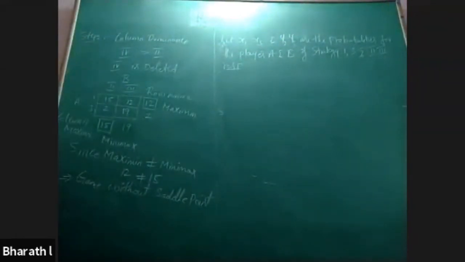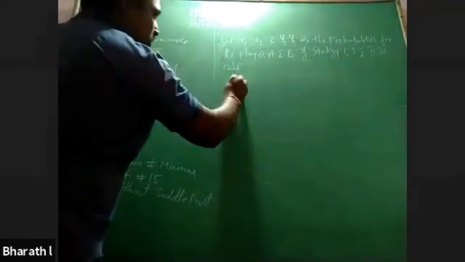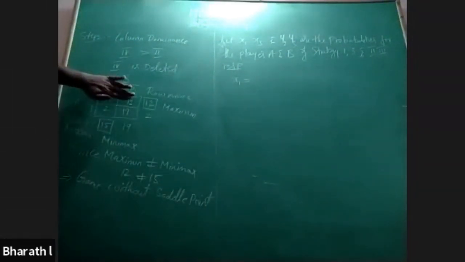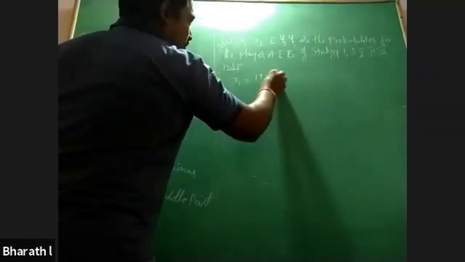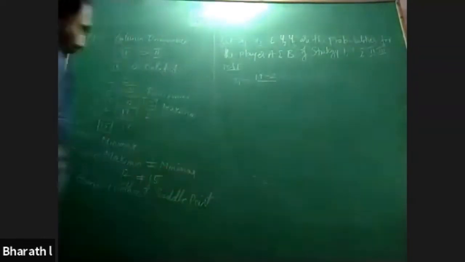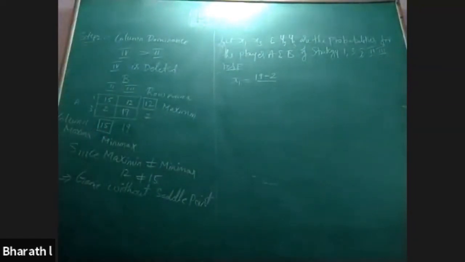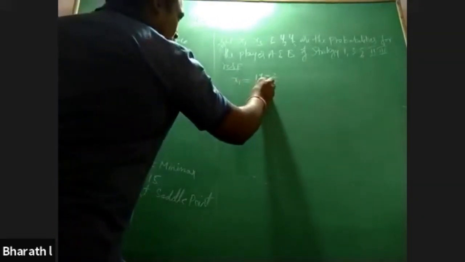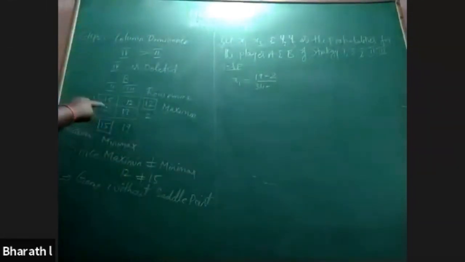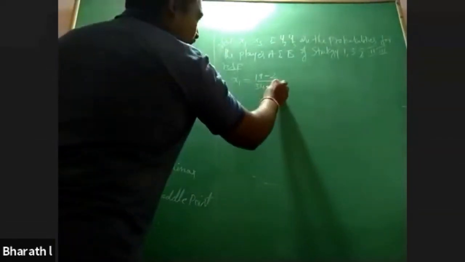Then next, to find the x1 value, since you are finding with respect to x1, if you close, you will get 19 minus 2, divided by the diagonal elements added, that is 15 plus 19, we will get 34, minus 12 plus 2 is 14.